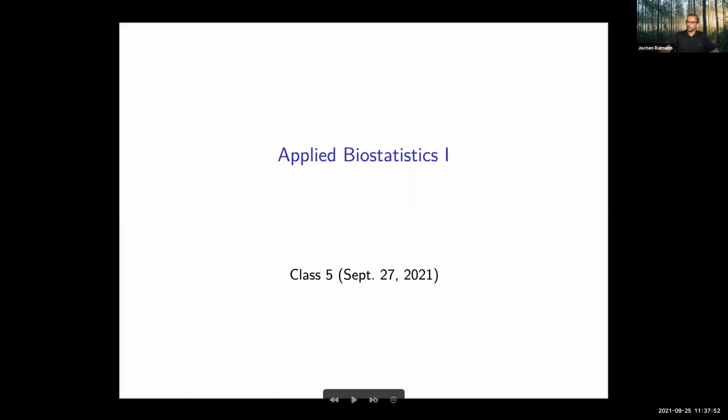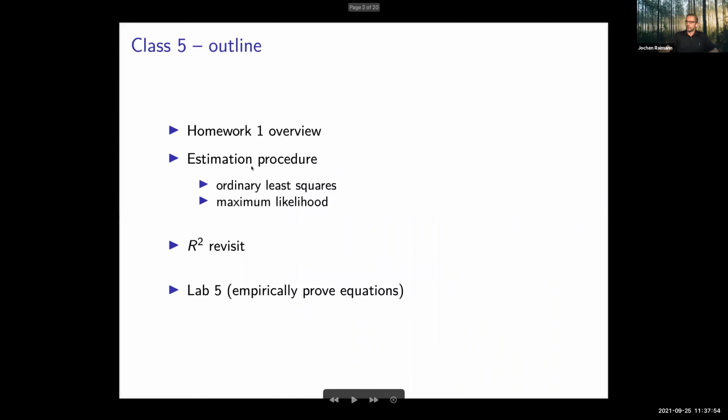Okay, class 5. We have briefly looked at homework 1. Homework 1 will allow you to practice for your exam. It will make use of the first 5 classes and will test the knowledge that had been taught over the last 5 classes.